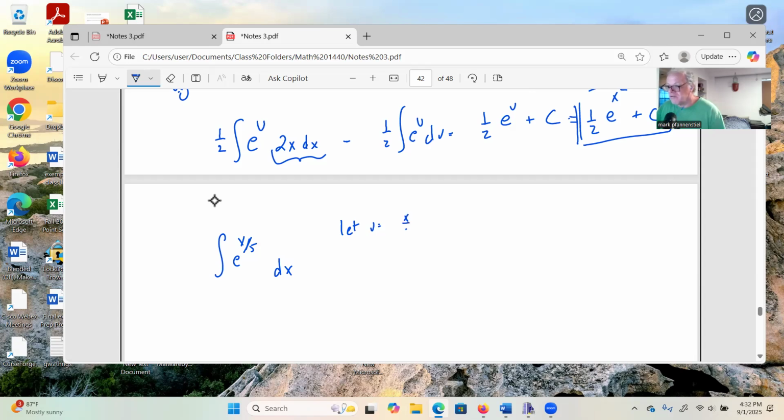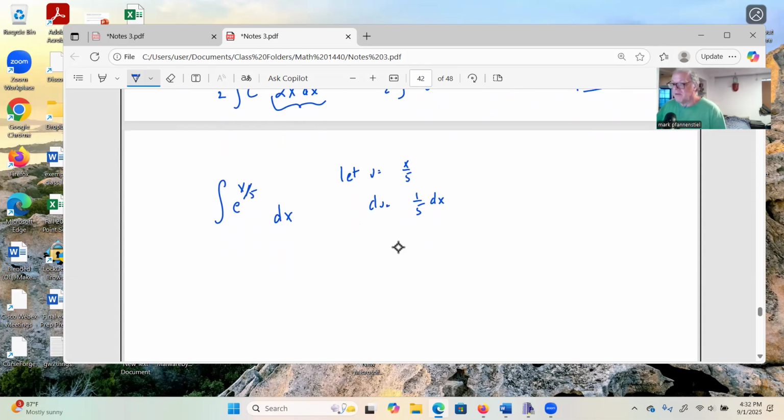It's x over 5. My du is equal to 1/5 dx. So what I'm going to do here is say, well, we could either say dx equals 5 du, that's fine. Or what I'm going to do here is say, here's my e to the x over 5.